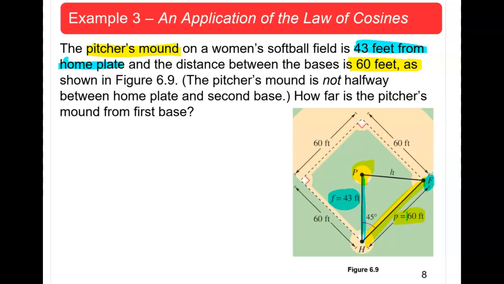And the pitcher's mound is not halfway between home plate and second base. So we cannot assume that, if we were to draw a perpendicular line here, the distance here is the same as this, because it says here it's not halfway, so it's not at the midpoint.